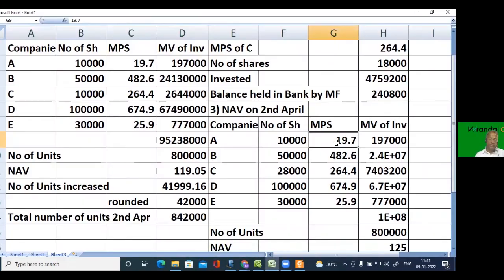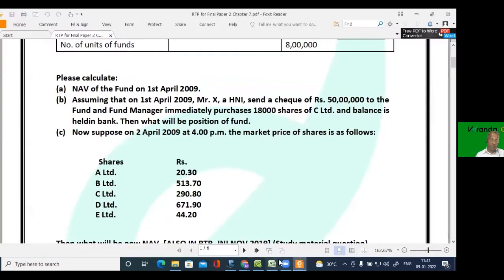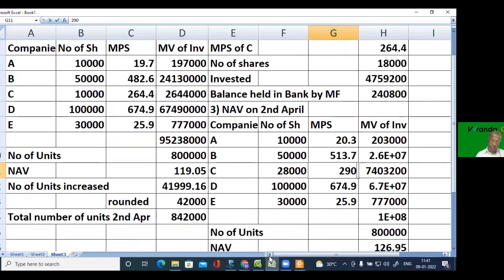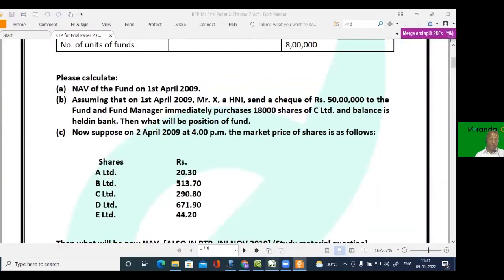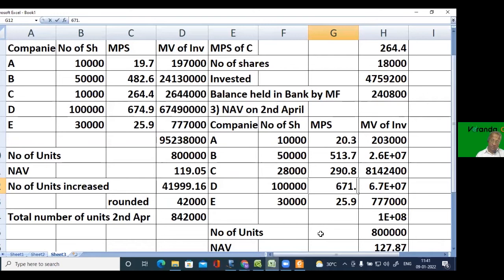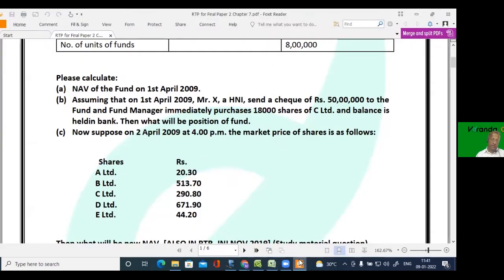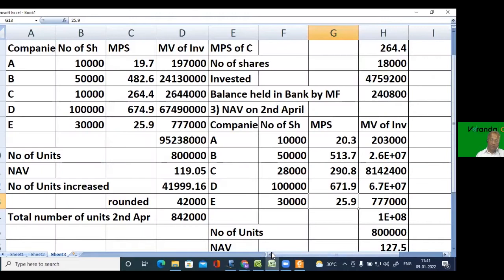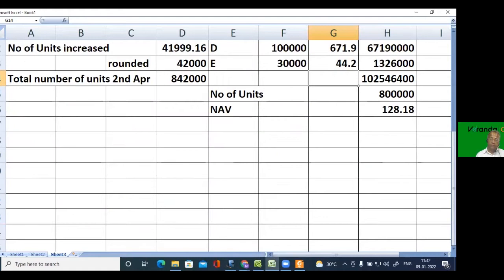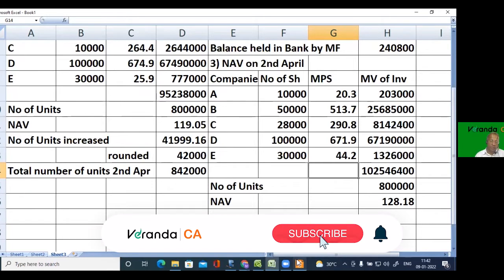Now let us just look into the market price per share. It is 20.3, 513.7, 290.8, 671.9, 671.9, 44.20. So NAV is 128.8.